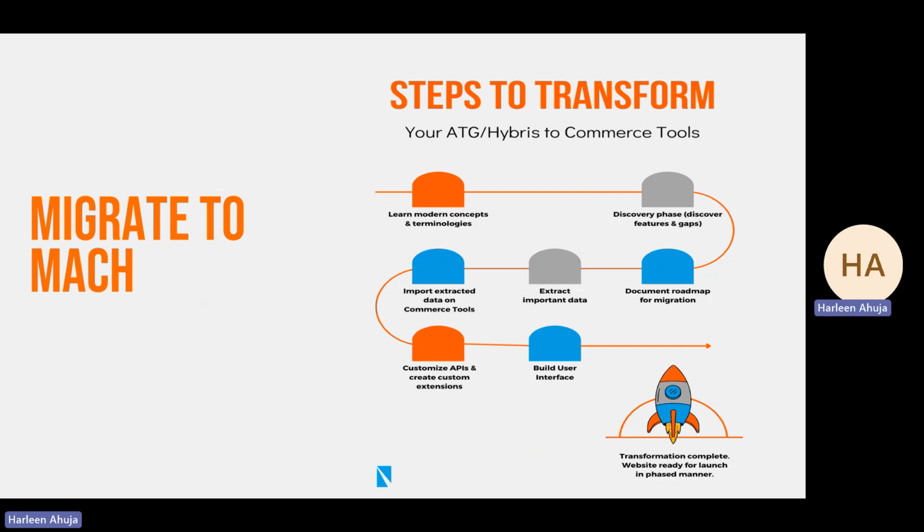While some of the features could be easily migrated as is from existing systems to commercetools, with a thorough analysis we would need to document the features and do the gap analysis to figure out what is required and what is not available out of the box.